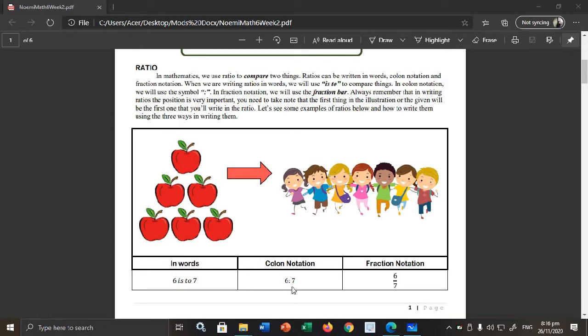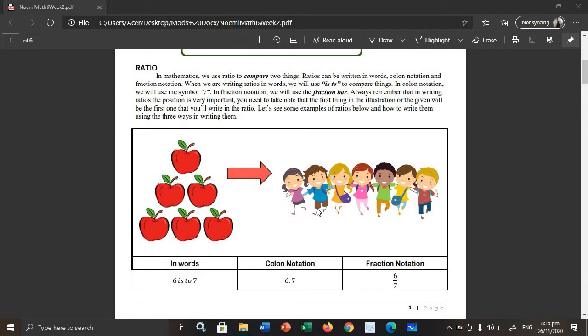When you use colon notation, you're just going to write 6, then the colon, and then 7. And for fraction notation, you're going to write a fraction from this diagram: 6/7. Notice that 6 always comes first because, according to the diagram, apple comes first. You're comparing the apples to the children, or to the kids.